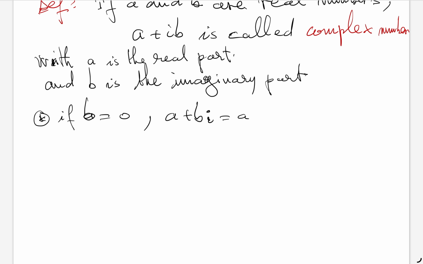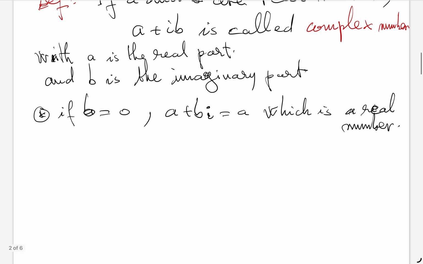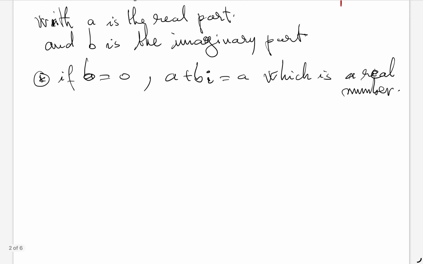And then you can conclude it's just a real number. You will have a real number if b is equal to 0.